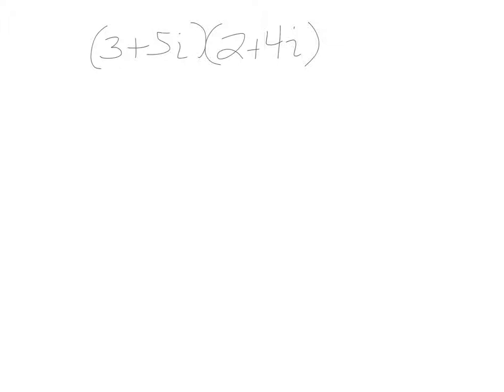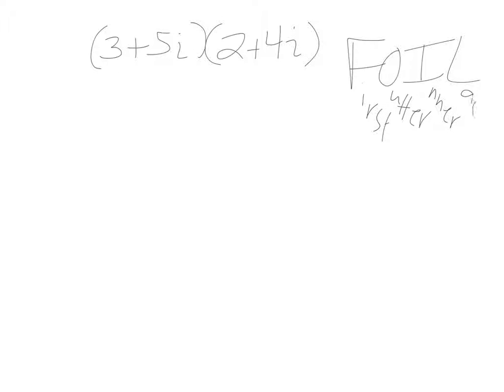If we take the plus out and put the parentheses right up against each other, then we're going to multiply the contents of the parentheses together. And I like to use the FOIL method, which is first, outer, inner, and last, but there are other ways to multiply a binomial times a binomial, 2 terms times 2 terms. So if I multiply first, that would be 3 times 2, which is 6.